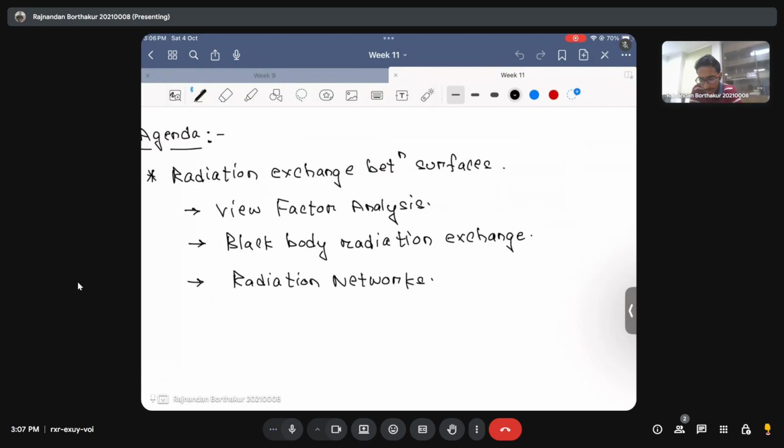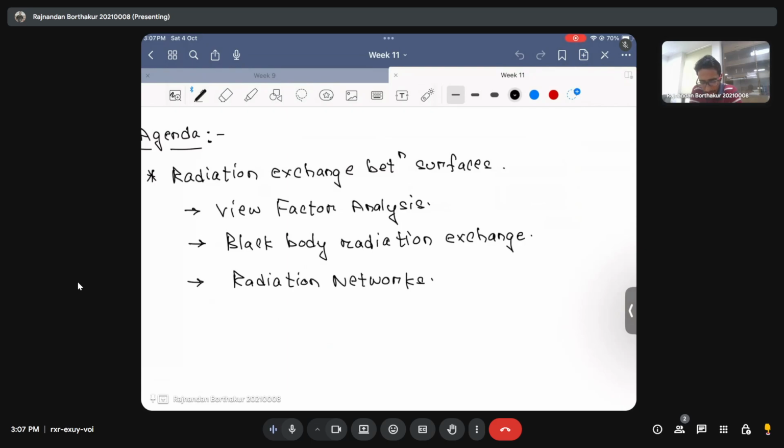But before that, as we always do, I will present a quick recap of what you saw in the week's lecture series, and then we will proceed with the problems involving view factor. Thereafter, we will try to understand something known as black body radiation exchange, which will heavily involve the concept of view factor analysis.